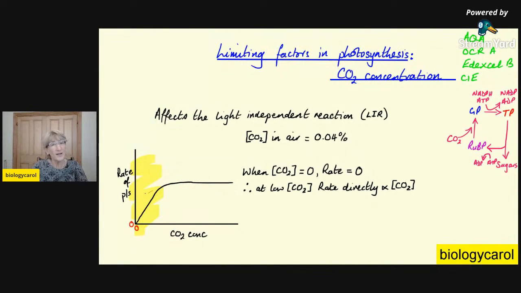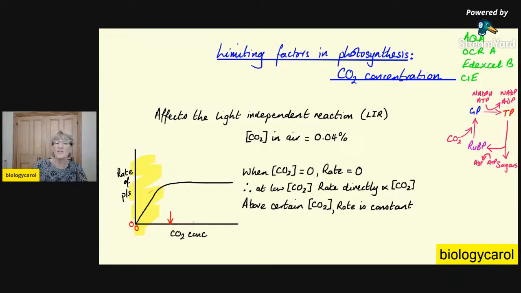And you can provide evidence from the graph if the exam question asks you to, as you did with light intensity, because as carbon dioxide concentration increases, so does the rate of photosynthesis. And conversely, as carbon dioxide decreases, so does the rate of photosynthesis. And like light intensity, above a certain carbon dioxide concentration, the rate of photosynthesis is constant.